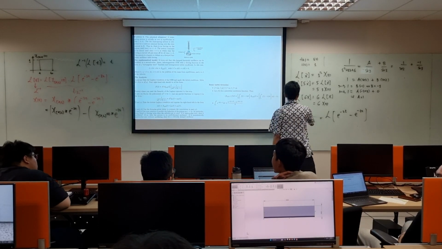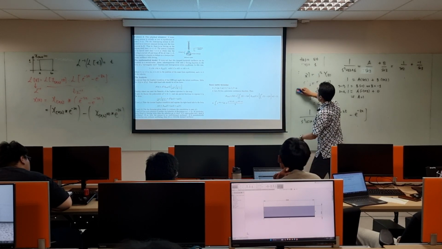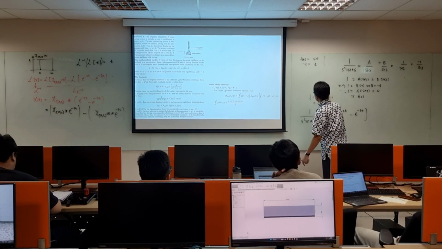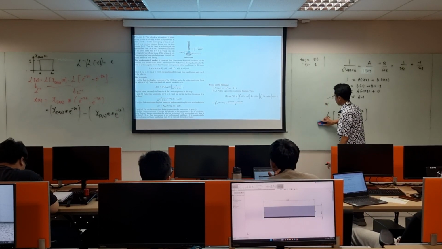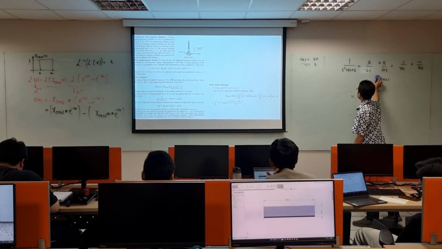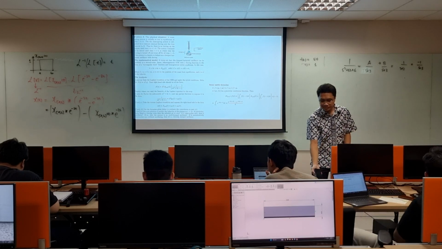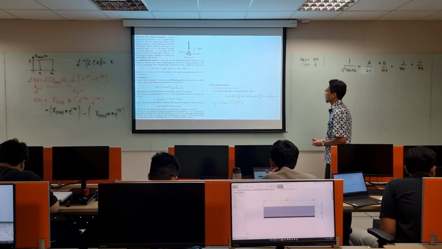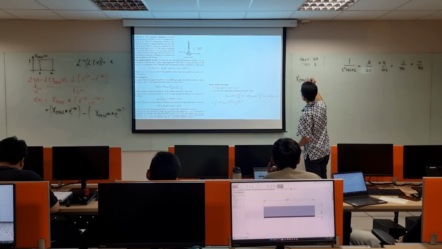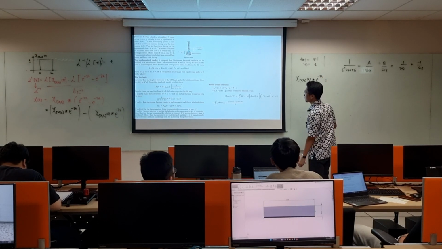Now, we use this formula. Let me show you for the first, e minus 2t. Then you work on e minus 3t on your own. So your chi AB, e minus 2t.